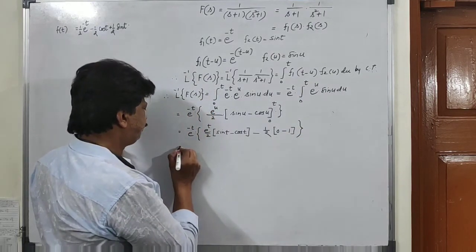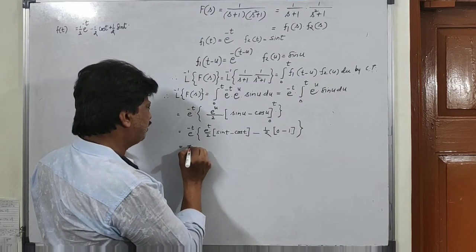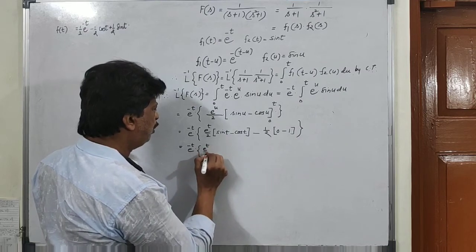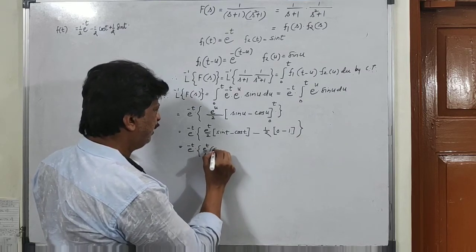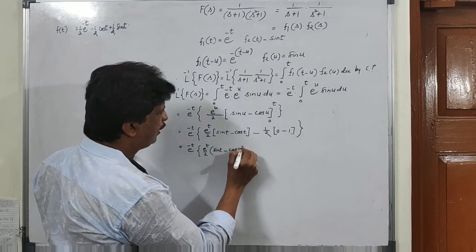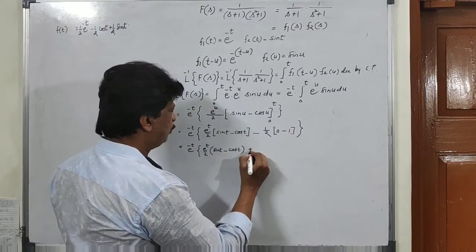So that is equal to e raised to power minus t times e raised to power t upon 2 into sine t minus cos t, minus minus plus 1 by 2.